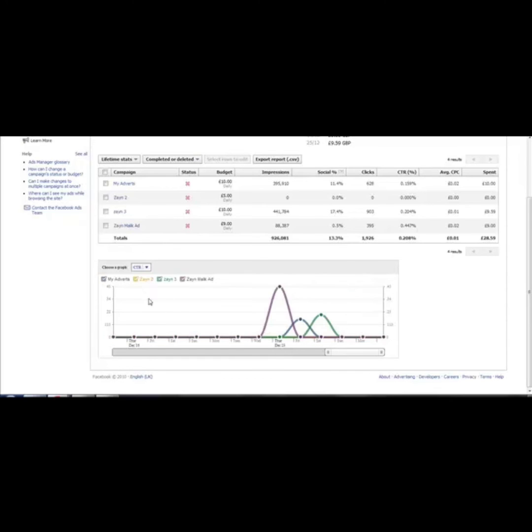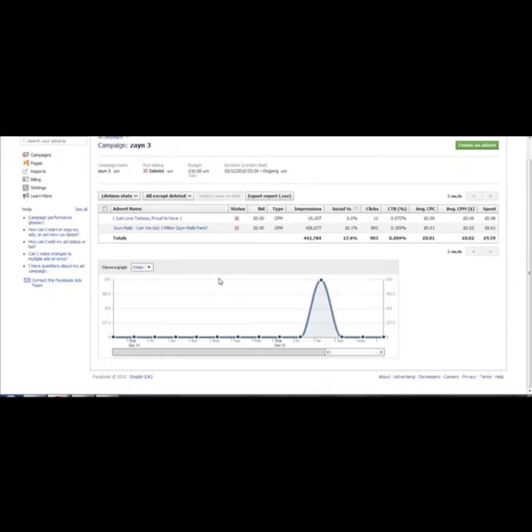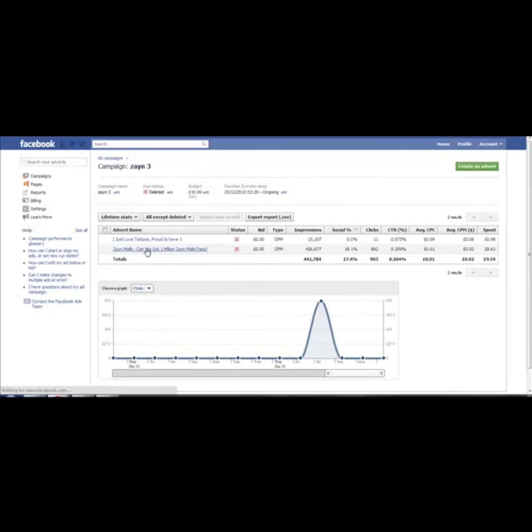And in terms of click-through rate, surprisingly, this ad here, the one with 395 clicks, had a high click-through rate but fewer impressions. But again, we can conclude that the one ad that was successful was the one with 903 clicks, because the social percentage was high and impressions were very high. So overall, in future, I'm just going to be repeating this process, and I'm going to be using this ad again.